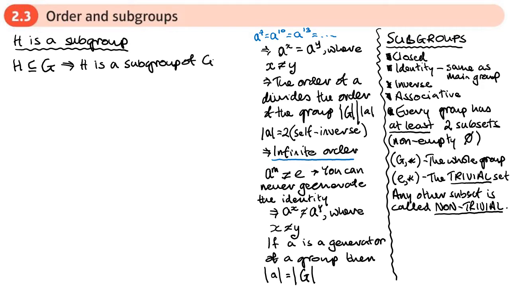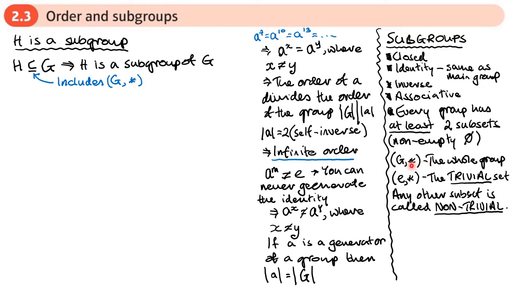Now this little line at the bottom here means that this subgroup could actually be all of the elements of G. So this includes the group itself. So that's a sort of subgroup.